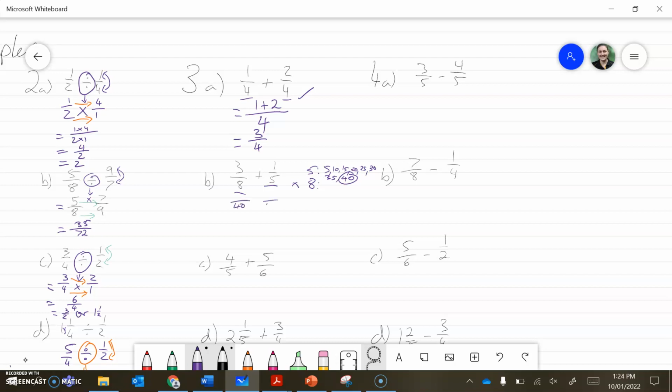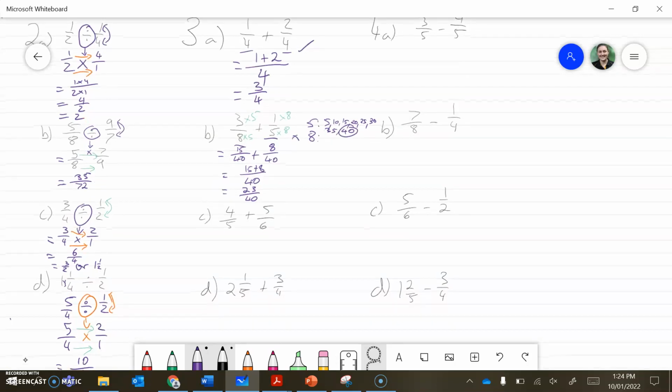So in order to do that, I have to multiply 8 times 5, and 3 times 5, and 5 times 8, 1 times 8. So we're going to have 3 times 5 is 15, so we've got 15 over 40 plus 8 over 40. So my common denominator is now 40, and I've got 15 plus 8, which is going to be 23 over 40.